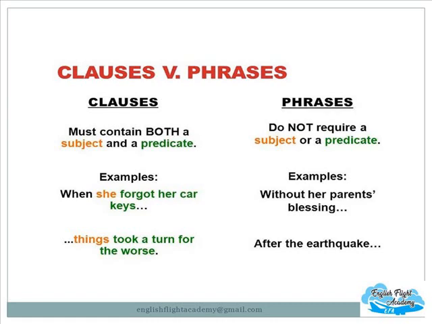Then the phrase "without her parents' blessings" is just a group of words conveying partial meaning but not the complete meaning. Okay, "after the earthquake" again is a group of words which contains partial meaning but not the complete meaning.